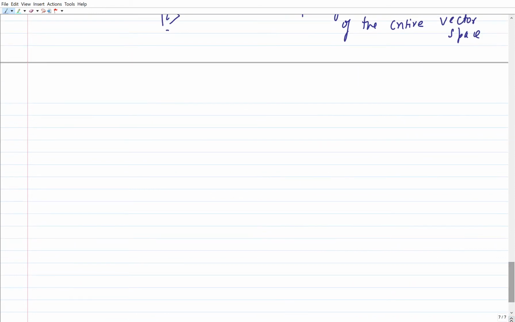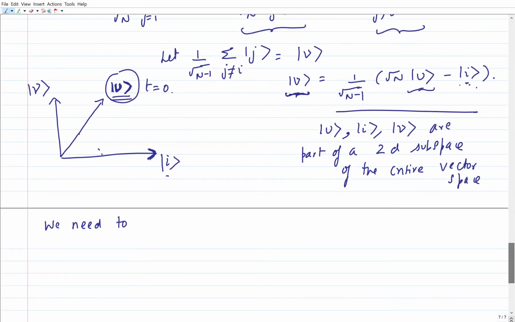And how do I do that? Again, explicitly writing, we need to rotate U to align as nearly with I as possible.